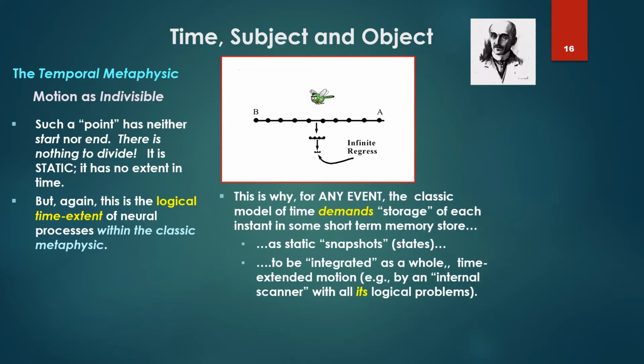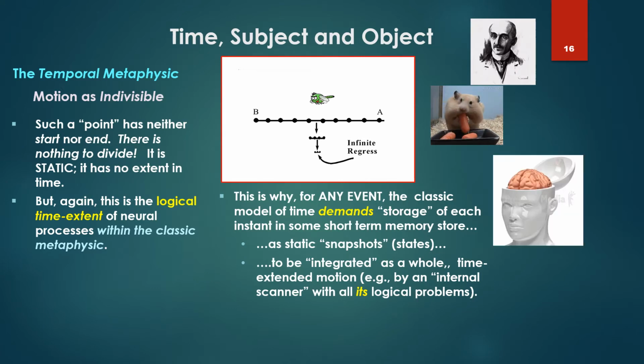This is why, for any event, the classic model of time demands, quote-unquote, storage of each instant in some short-term memory store as static snapshots or states to be integrated as a whole time-extended motion. So taking the dynamic transformation of the chewing of the carrot there, it's got to be stored as a series of states, maybe schematic states.